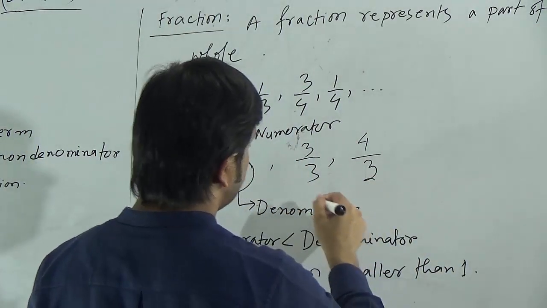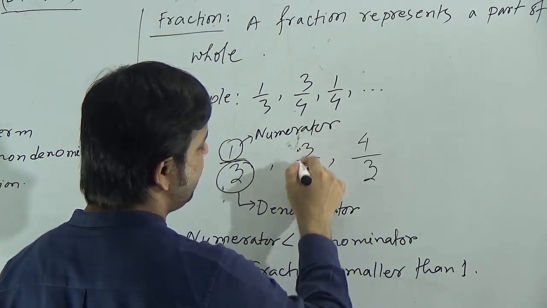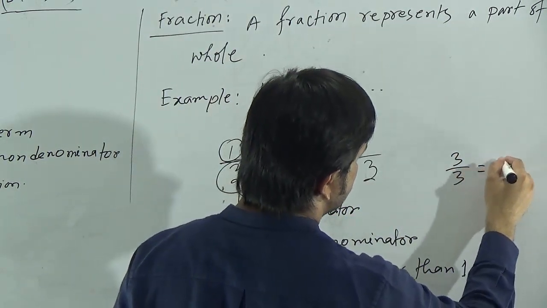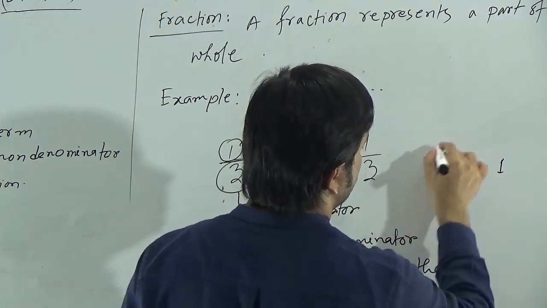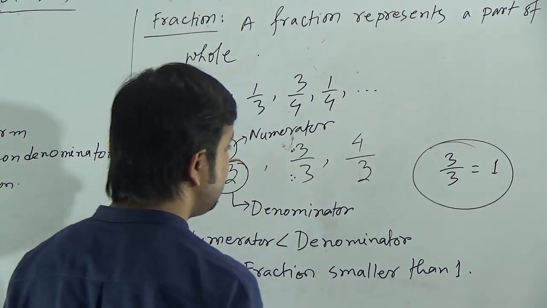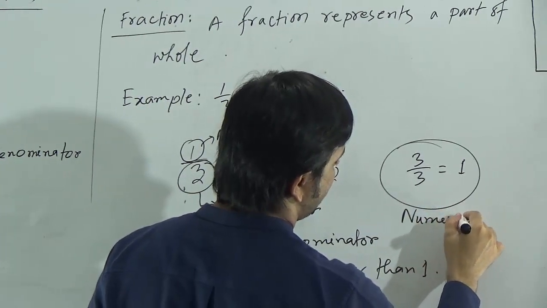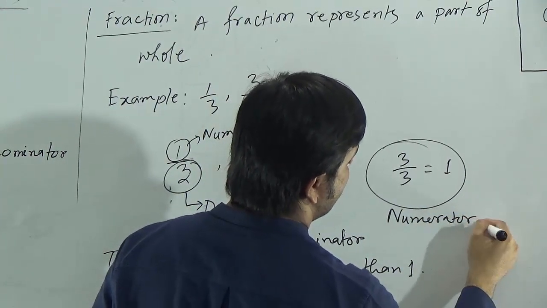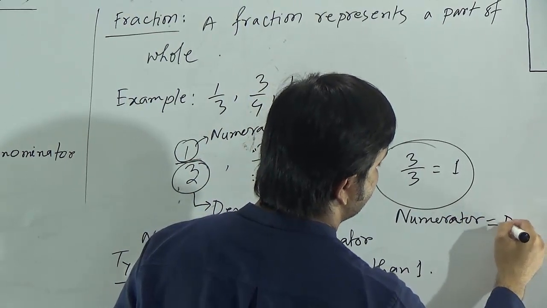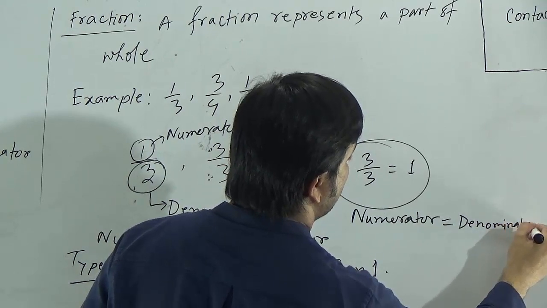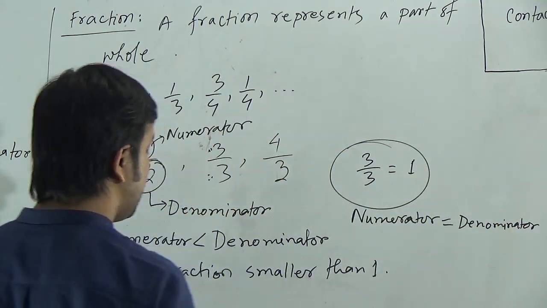Now, if numerator and denominator are same, it means equal, the value of fraction is 1. It means if numerator equal to denominator, then value of fraction is 1.